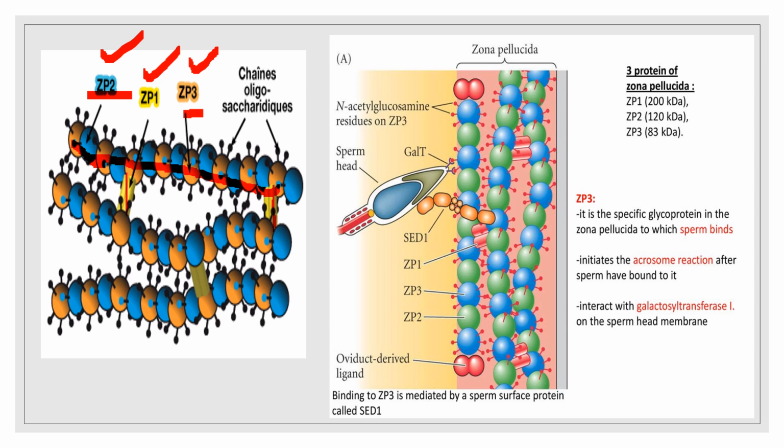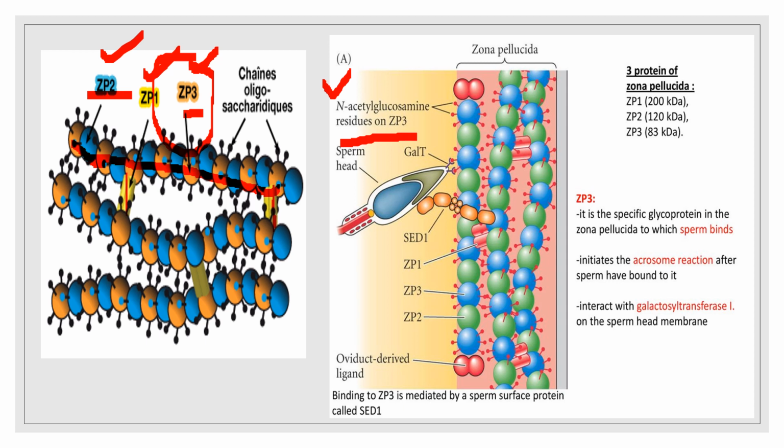Out of ZP1, 2 and 3, ZP3 is very crucial, because you will find an N-acetyl glucosamine residue on the surface.